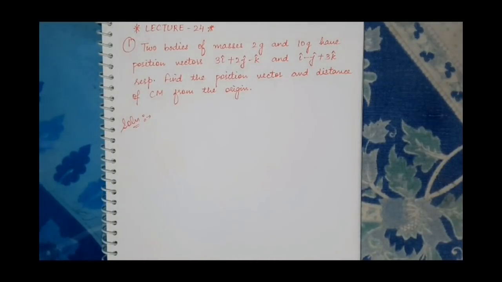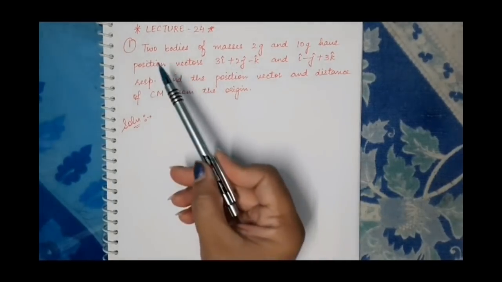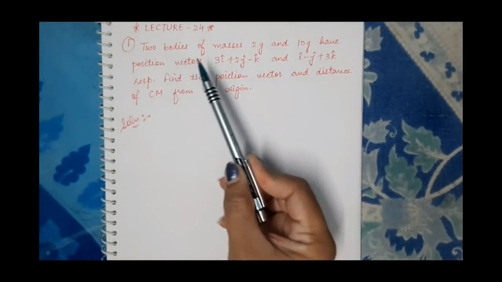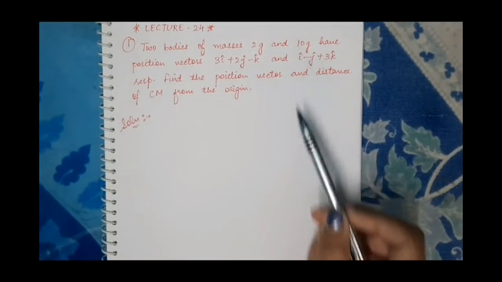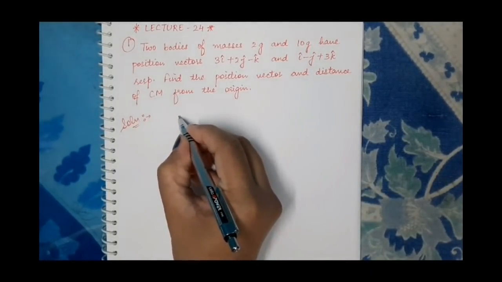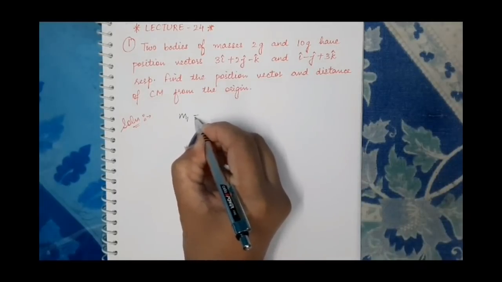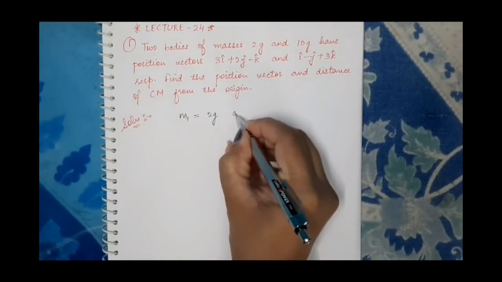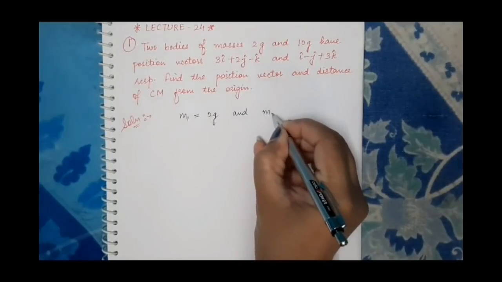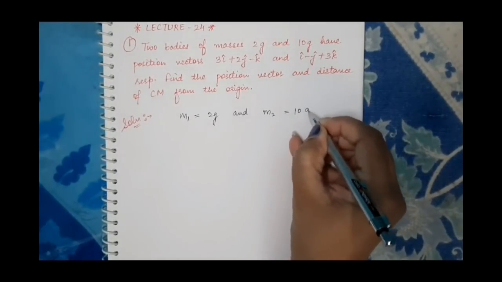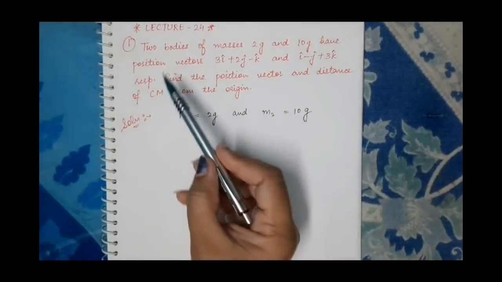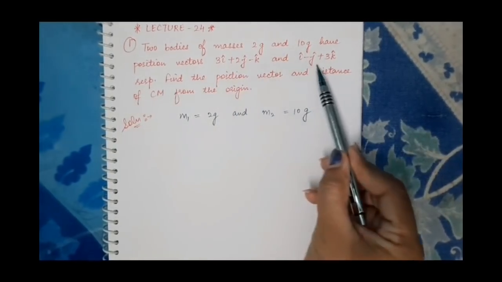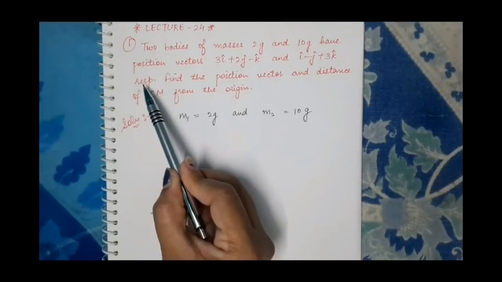So our first numerical is, we are given two bodies of masses 2 grams and 10 grams. It means mass is given. So M1 is 2 grams and M2 is 10 grams, having position vectors respectively.